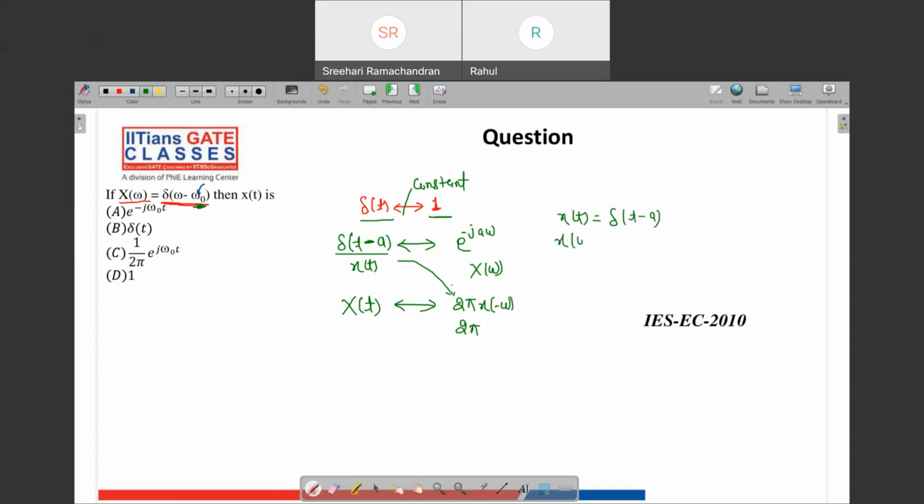So X of omega will become delta of omega minus a, and x of minus omega will become delta of minus omega minus a. So I can write this as 2 pi delta of minus omega minus a, and in the time domain it will become e to the power minus j a t. Here it is e to the power minus j a omega, here it has become e to the power minus j a t.